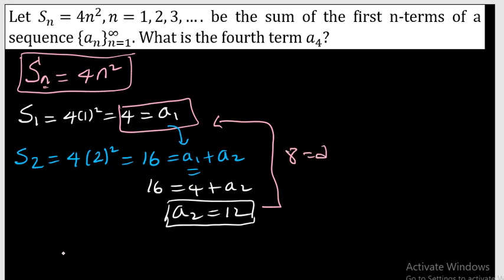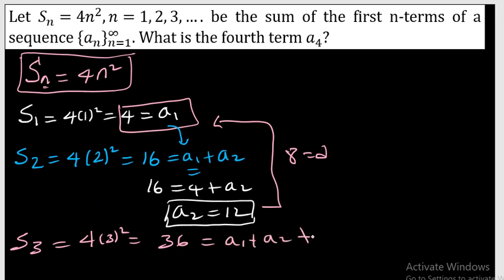So let us check by a3 and a2. If it gives us the same 8, we can conclude it is arithmetic. Sum of 3 means, let us insert 3 in the formula: 4 times 3 squared, that's 9 times 4, that's 36, which is the same as a1 plus a2 plus a3. But we already know a1 plus a2, that is 16.